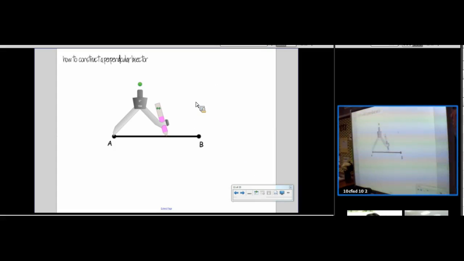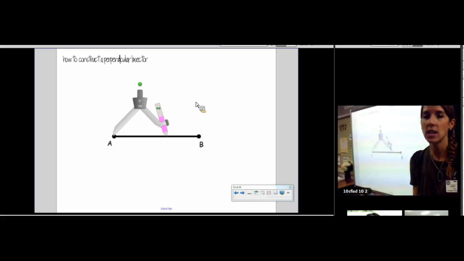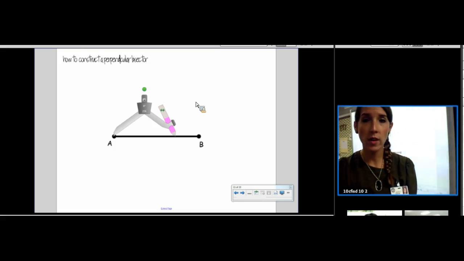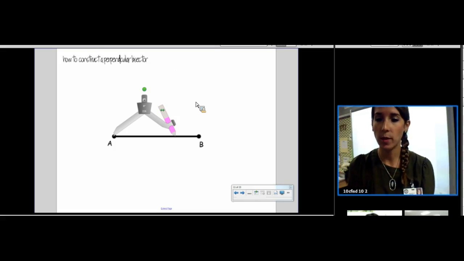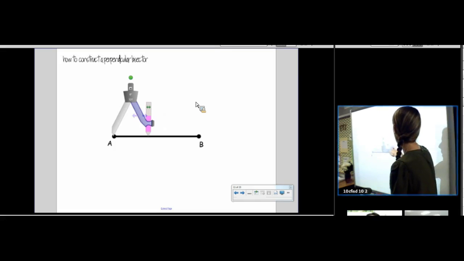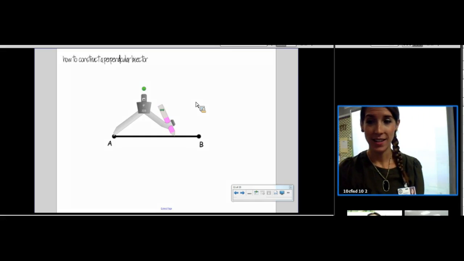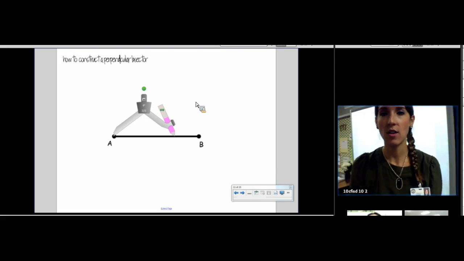So when you're constructing the perpendicular bisector, your first step is that you need to open your compass more than halfway. You need to open your compass more than halfway. So this would not cut it, and if I went past the end point, that would be too much. So somewhere between the middle and all the way.